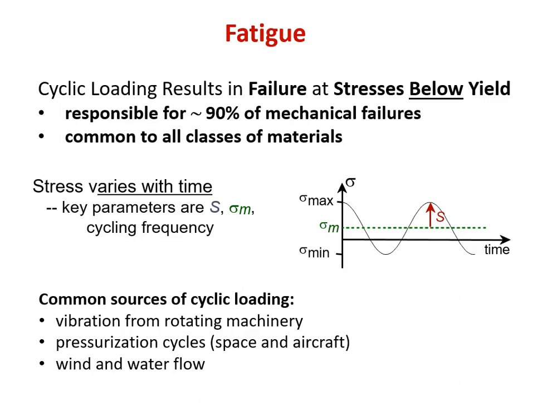So it's basically defined as a crack propagation due specifically to cyclic loading. And again, the big problem with this in terms of designing materials in service is that the cyclic loading can include a range of stresses, amplitude of stresses, that are well below yield.